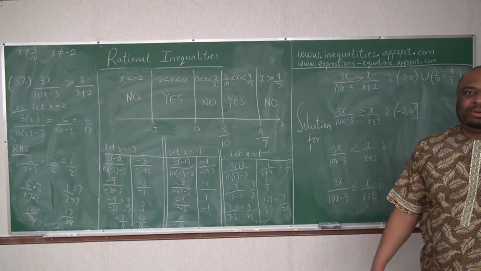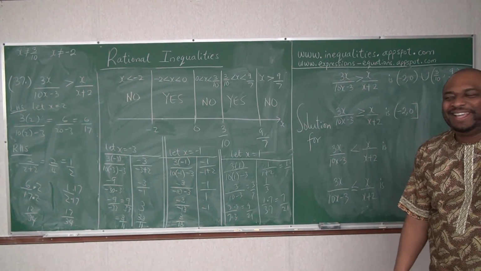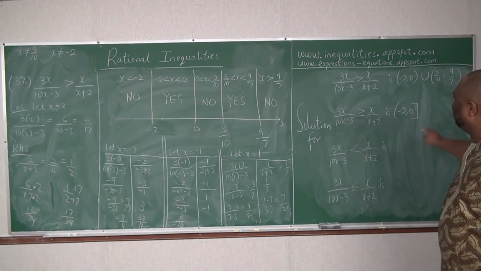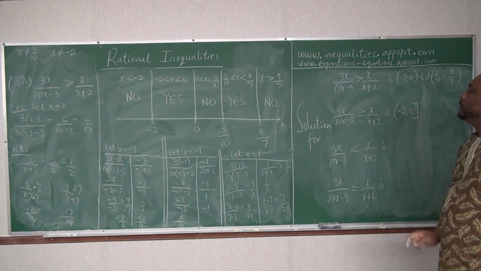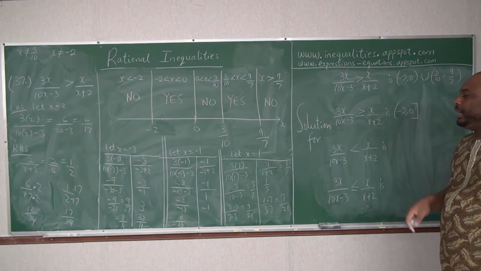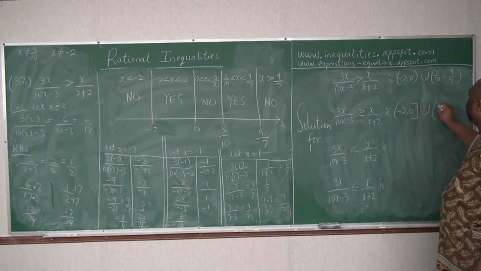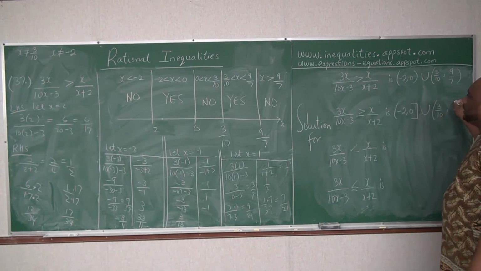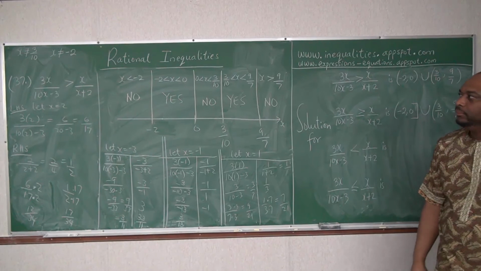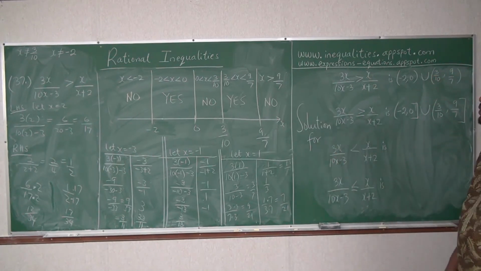Do you understand what I just did? Okay. So you make parenthesis negative 2, comma, 0, bracket. Union, parenthesis 3 over 10, comma, 9 over 7, bracket. And if you try 9 over 7, it will work.